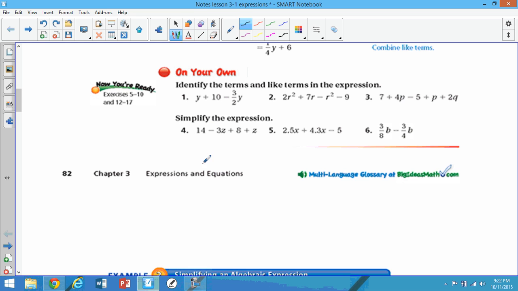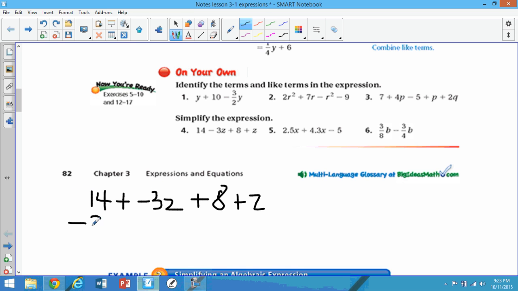Okay, so if I have 14, I'm going to rewrite this as 14 plus a negative 3z plus 8 plus z. Okay, so my z's go together and my numbers go together.